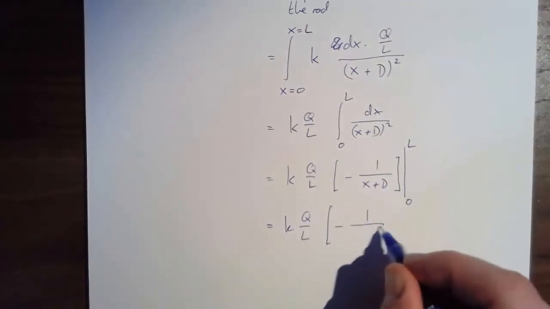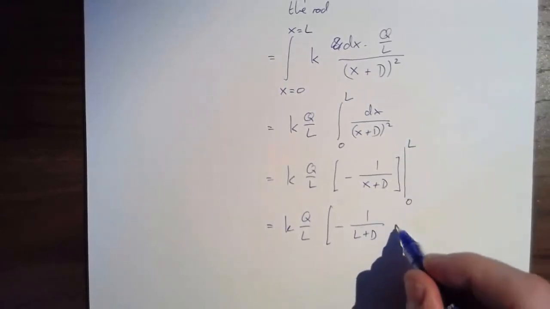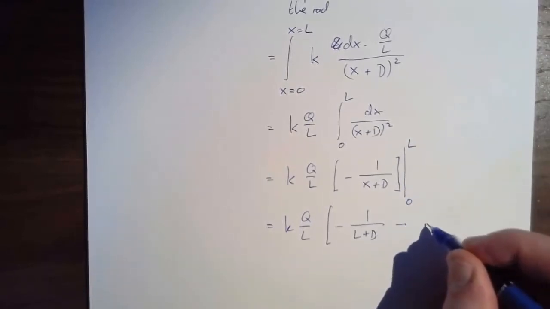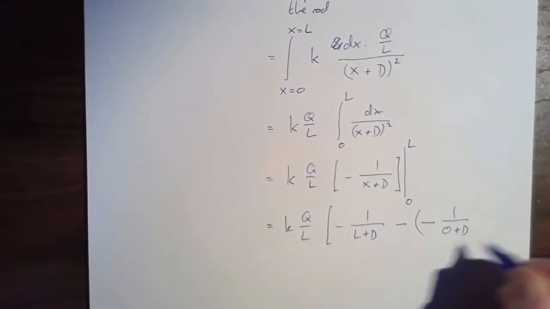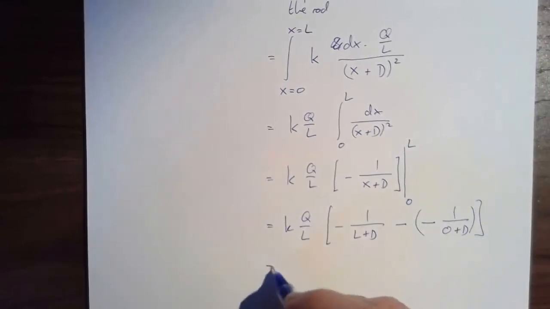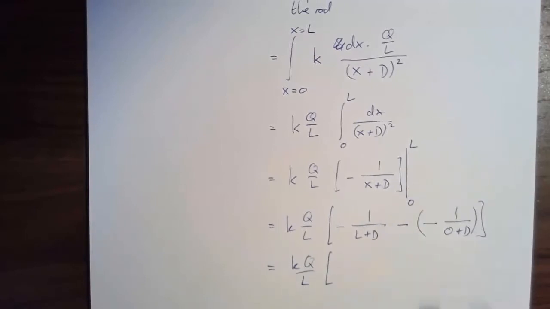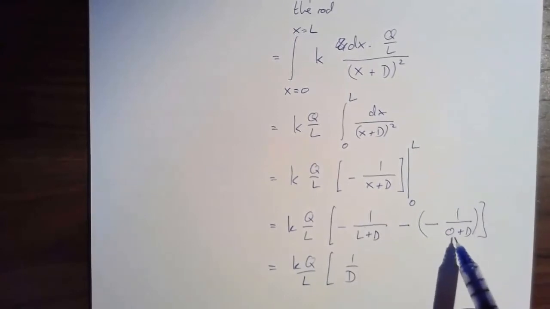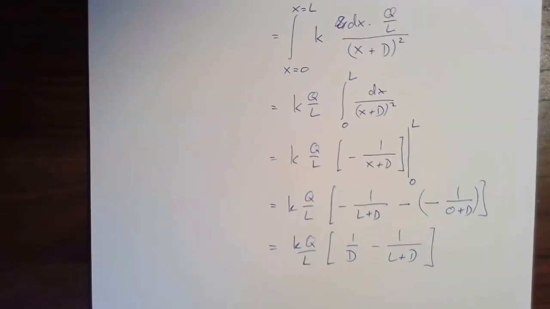Minus 1 over L plus d, plugging L into here, then minus, because it's the other limit, minus 1 over 0 plus d, which I can conveniently rewrite as kq over L times, minus minus makes plus, 1 over d, because this is a 0, minus 1 over L plus d. That is my final answer.